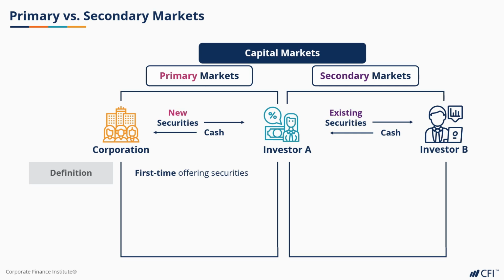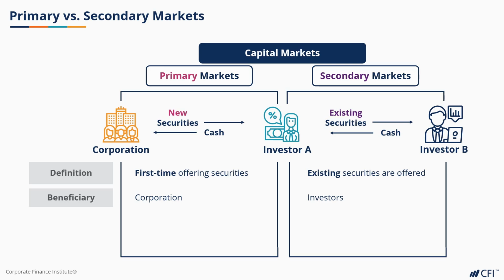By contrast, in secondary markets, only existing securities are offered. This leads us to think about the beneficiary of proceeds. The key beneficiary in primary markets is the corporation raising funds. In secondary markets, however, the beneficiaries are the two investors making a trade, existing security for existing security.